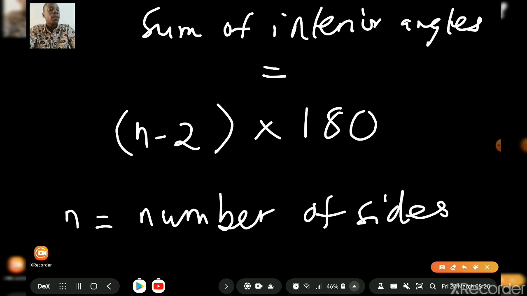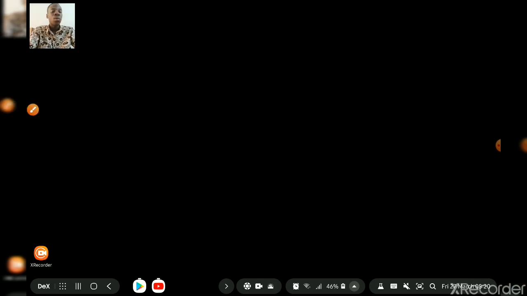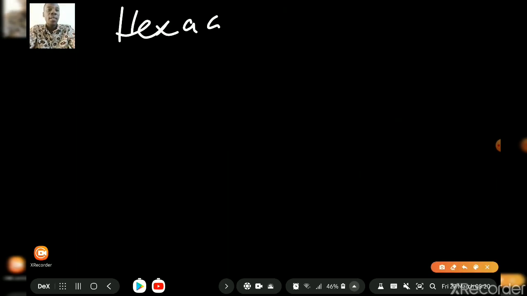Okay, do you get it? Let's say you are told to calculate the sum of interior angles of a hexagon. You need to know the number of sides of a hexagon. A hexagon has 6 sides.